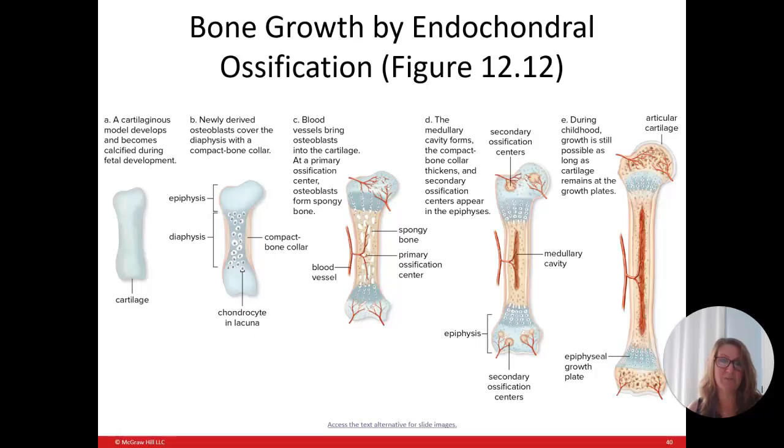What we're trying to do is replace the cartilaginous cells, and you see that as you move through here, they gradually get condensed into the growth plate, right? And the rest of this is getting replaced by bone. And as we move along, especially during childhood, we see that our bones look like the figure that we originally looked at. Okay?